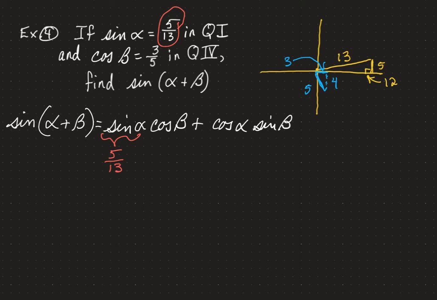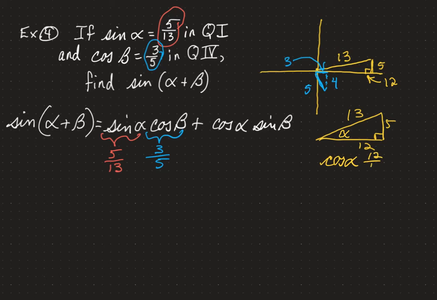So now cosine of beta, we've been given. It's 3/5, so everywhere I see cosine of beta, I will put 3/5. Now, do I have cosine alpha listed? No, but I do have my triangle drawn now. Now I can look at this triangle and see that the cosine of alpha equals the adjacent over the hypotenuse. So I can put that in here.